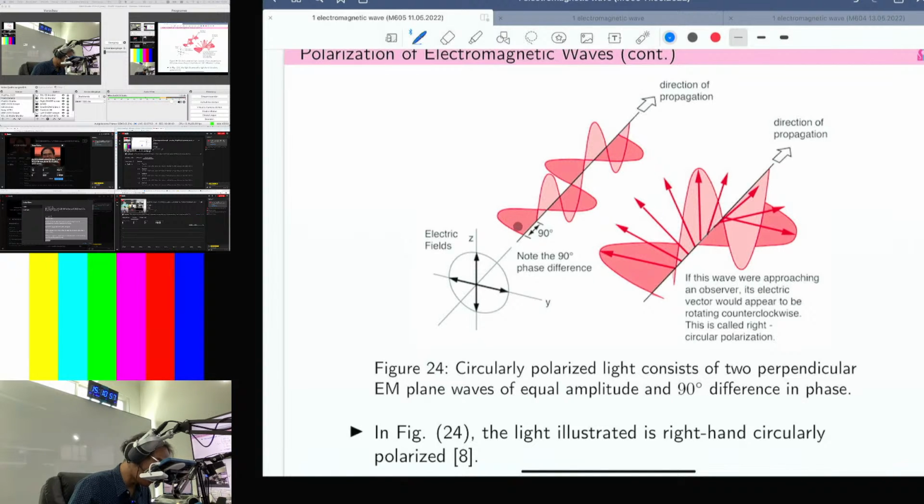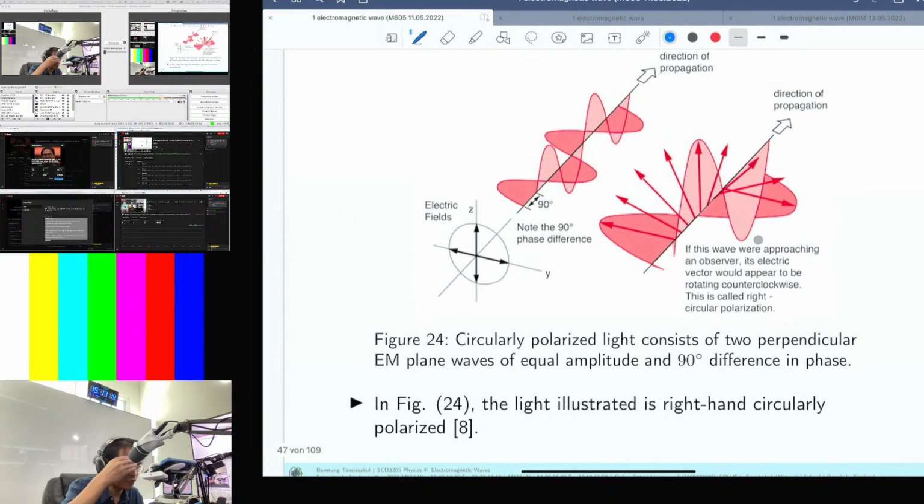There is also fluctuation of the electric field on the horizontal plane. And the E field will rotate like that.